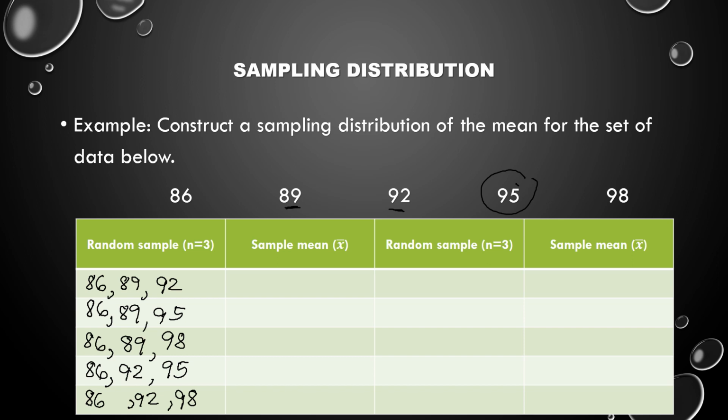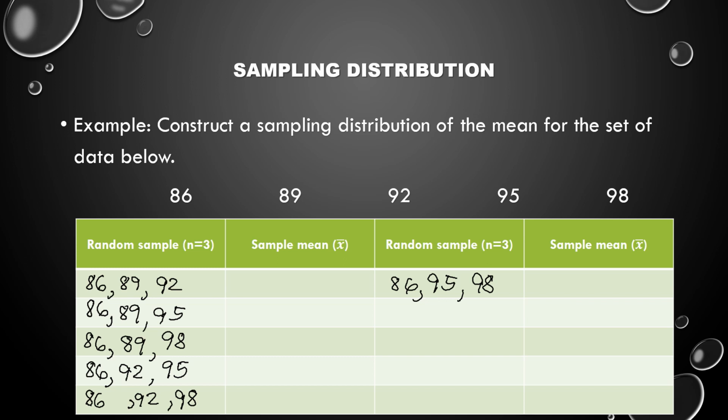The next possible combination is still 86, because we paired 86 with 89 and 92 already. We can still have 3 more samples if we do 86, because we can have the 95 and the 98. So the possible combination will be 86, 95, and then 98. More likely we are doing it by 3s.